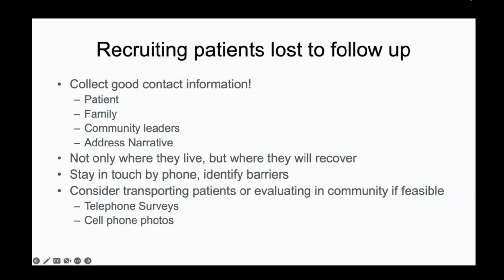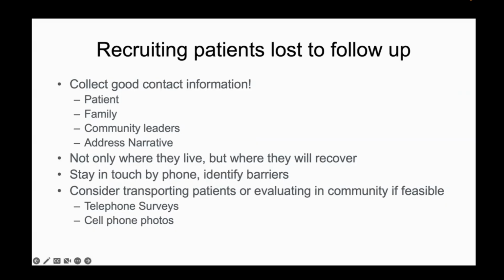What are members of their families? If they live in a community, can they provide information on community leaders that can help us track these patients down? Narrative addresses, right? Sometimes patients may not have an actual street address, and so we need to get information documented that provides a narrative as to how one could find them.